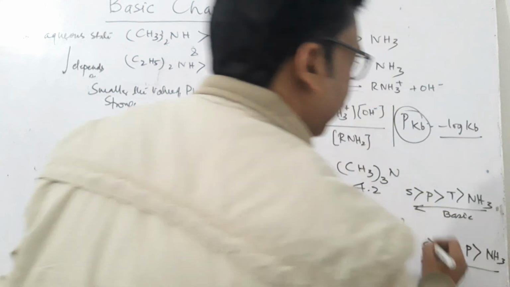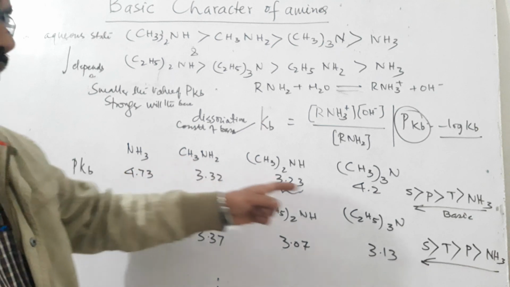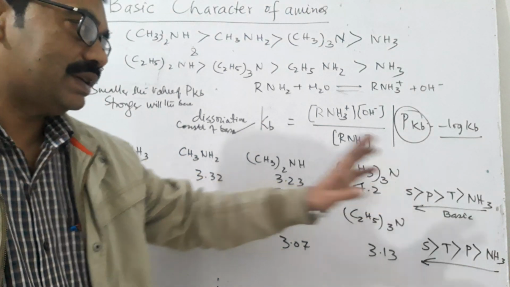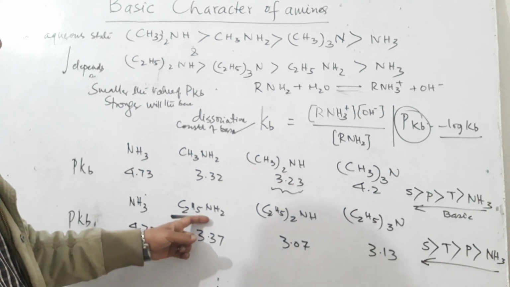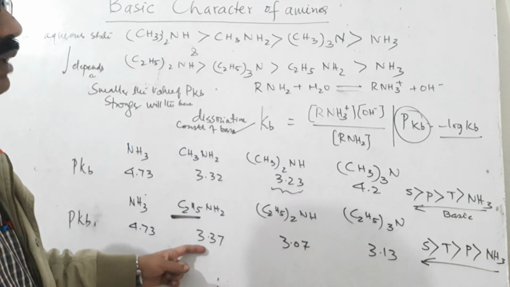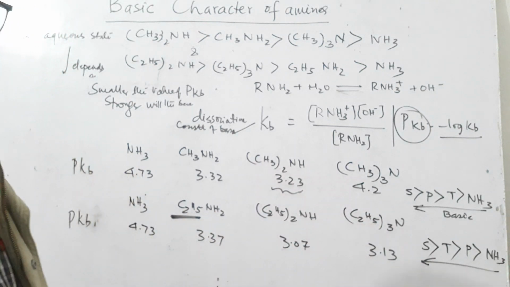So this will be the pattern. In the case of methyl, you will remember secondary, primary, tertiary, and if the alkyl group is ethyl, you will remember secondary, tertiary, primary, and then ammonia. Okay, thank you all.